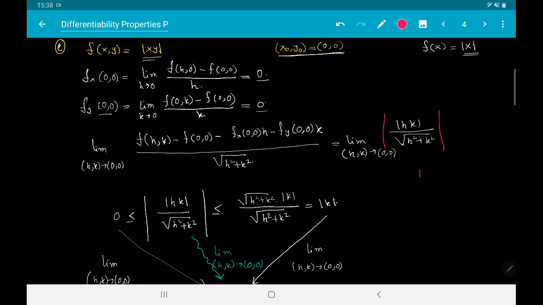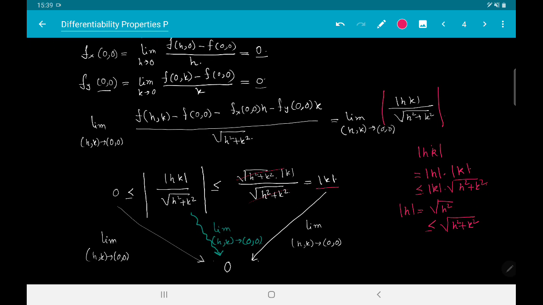And then observe that modulus of hk is nothing but modulus of h times modulus of k, and I could write modulus of h as square root of h square, which is less than or equal to square root of h square plus k square. So what it gives is that this is less than or equal to modulus of k times square root of h square plus k square, and now some cancellations happen and we are left with modulus of k.